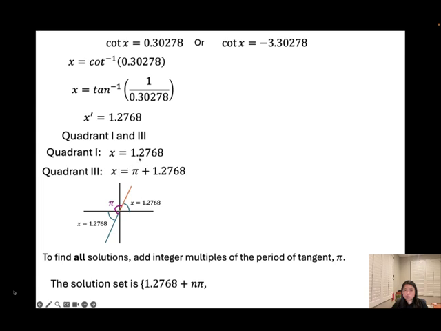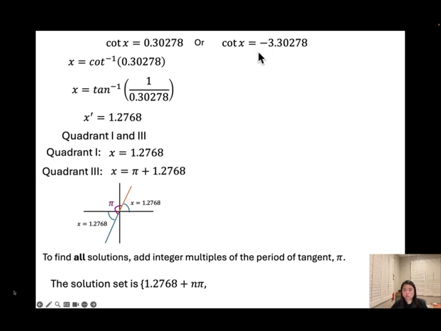So instead of writing two of them plus 2 pi, we're gonna get plus n pi. When n equal to 0, I'm gonna get this answer. When n equal to 1, I'm gonna get the angle in quadrant 3. When n equal to 2, I'm gonna go back to the first solution here.